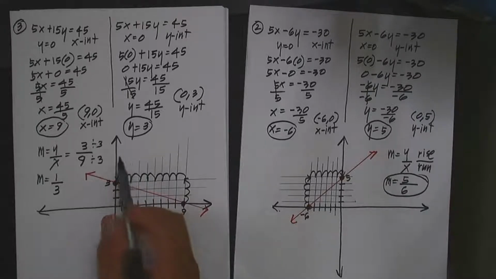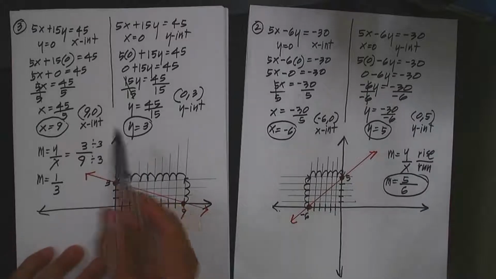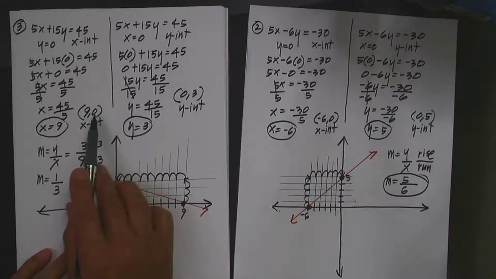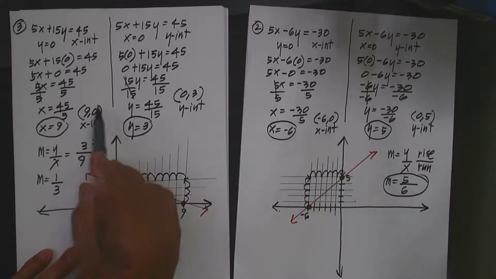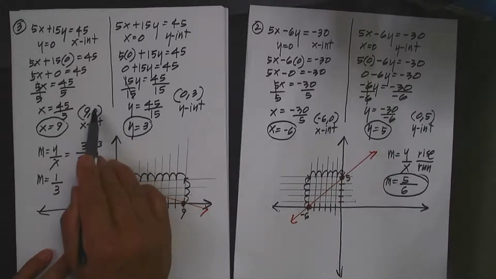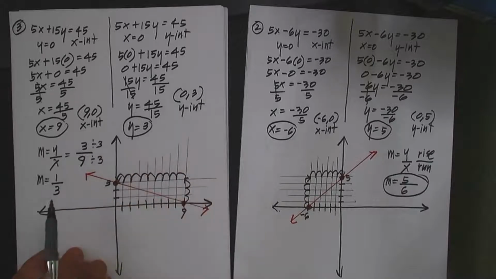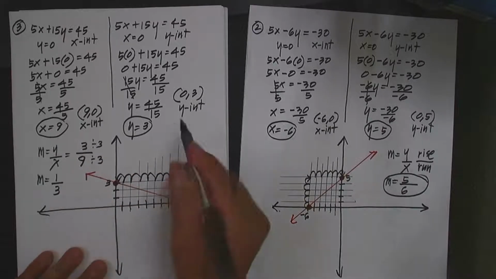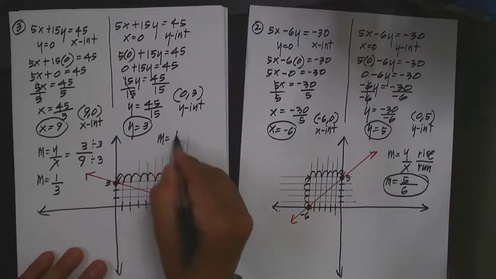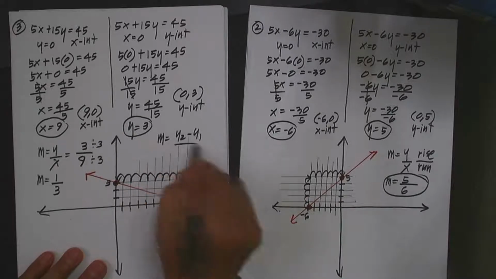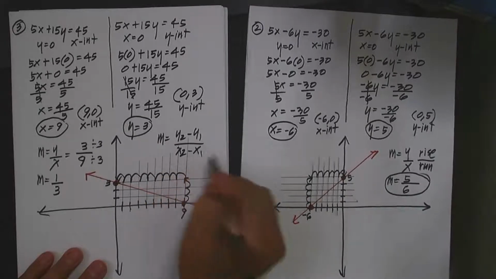Yes, that one will work only if your y and x value is 0. That will work. But if there's a value, then that will not work, because you're going to use this formula: m is equals to y sub 2 minus y sub 1 over x sub 2 minus x sub 1.